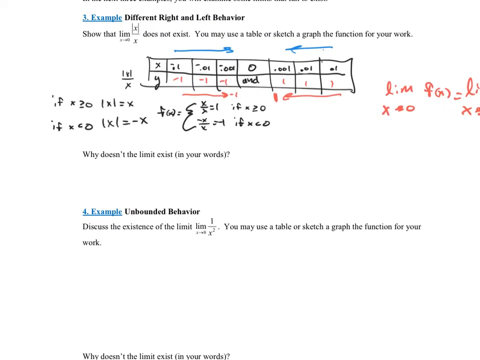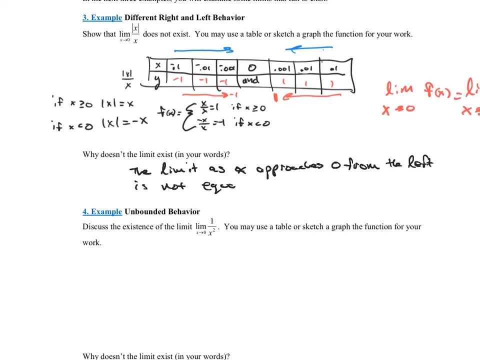I would simply say the limit as x approaches 0 from the left is not equal to the limit as x approaches 0 from the right.